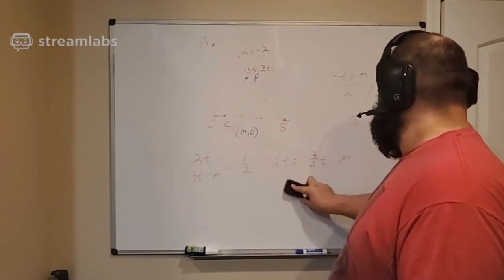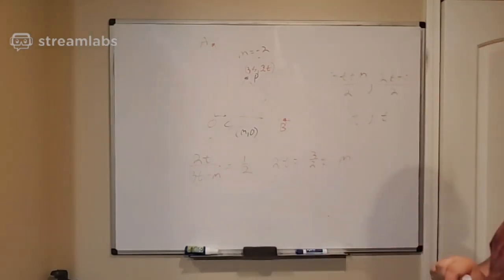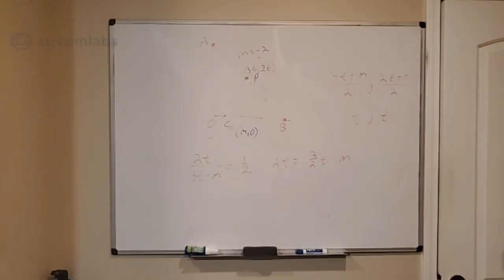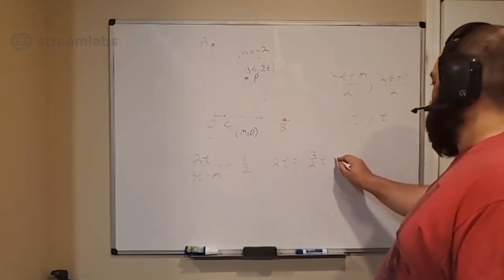Somebody's typing something. That's probably pre-calc. Did I make a mistake somewhere? Slope is positive 1 half. Rise would be 3t minus m. Oh, yeah, I did. There's a 1 half right there. Okay, there we go.